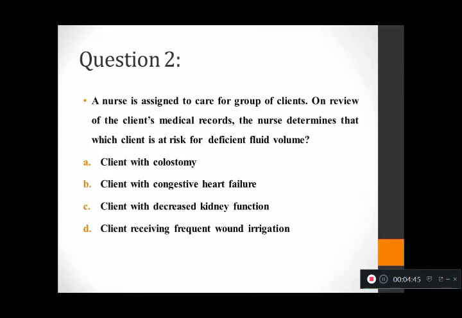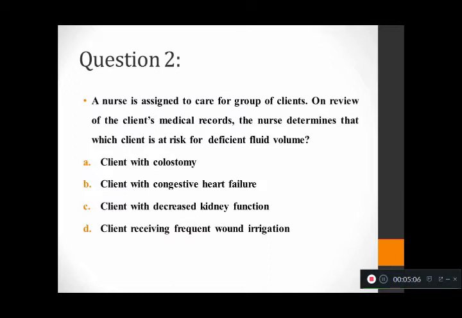A nurse is assigned to care for a group of clients. On review of the clients' medical records, the nurse determines which client is at risk of deficient fluid volume. So here a nurse is assigned to care for a group of clients, and the nurse is reviewing the clients' medical records.